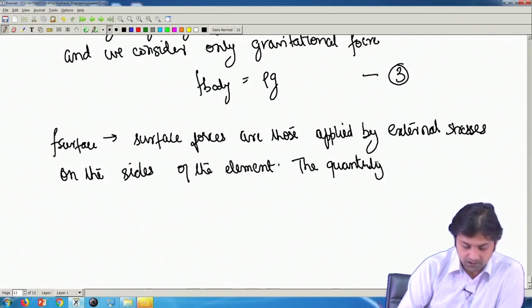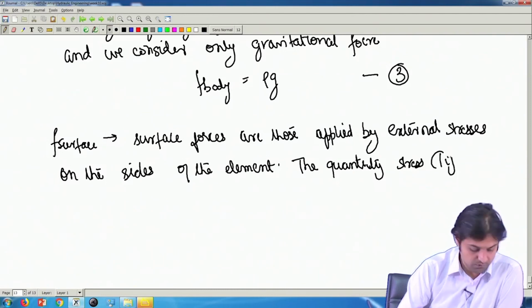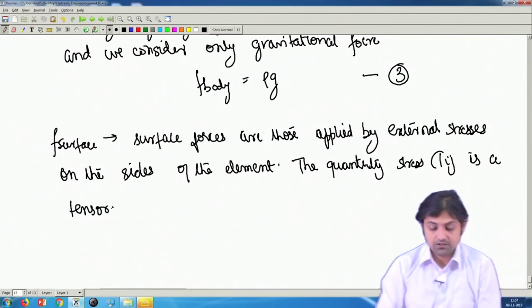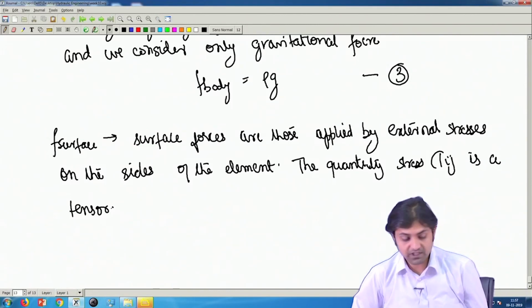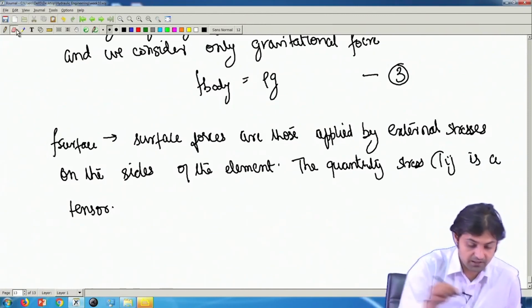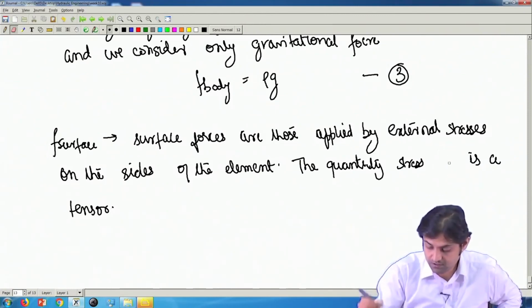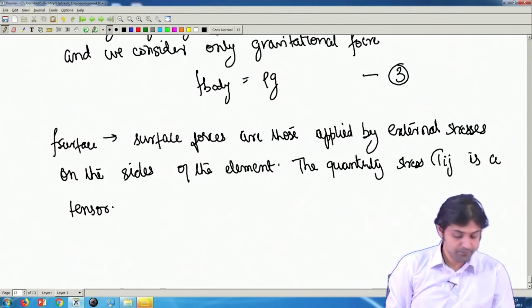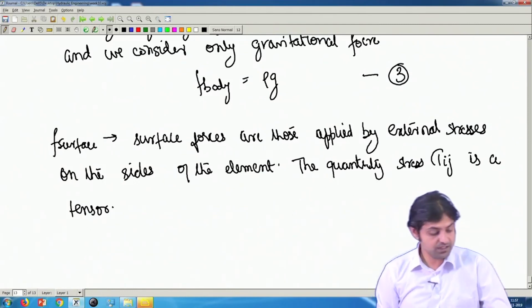This quantity, that is stress tau ij, is a tensor. So surface forces are those that are applied by external stresses on the side of the element, and this is called tau ij, all right, and this tau ij is a tensor.